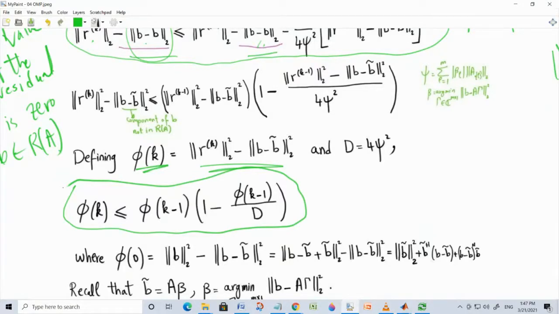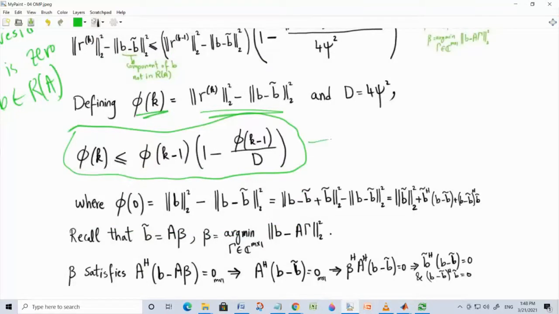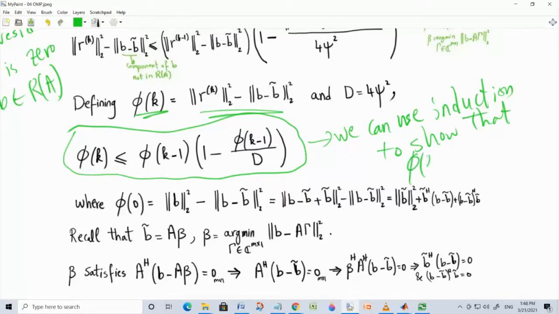I will leave the steps to you, but this inequality can be solved using induction to show that phi of k is less than or equal to d over k plus 1.